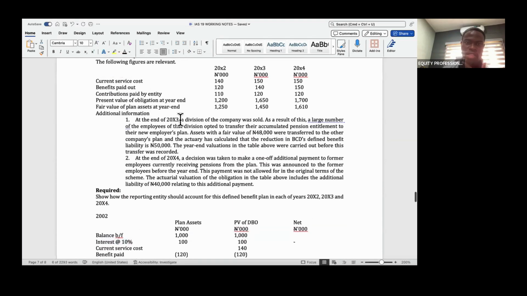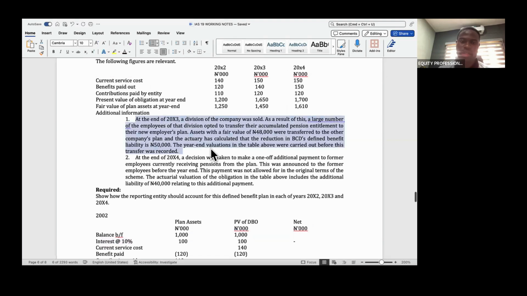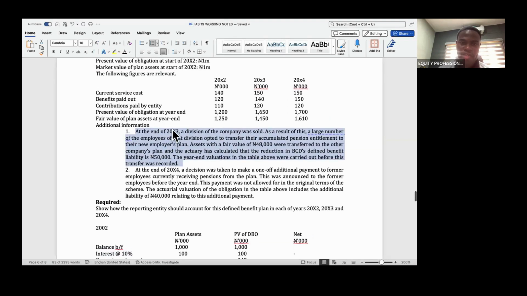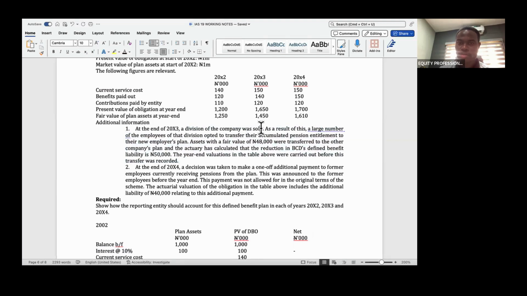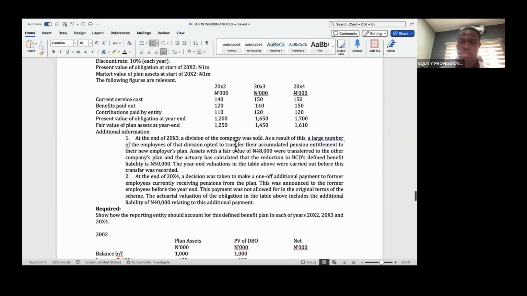So in 2003, I can see that there was information given to us. Let's look at it together. At the end of 2003, a division of the company was sold. As a result of this, a large number of employees of that division opted to transfer the accumulated pension entitlements to their new employer's plan.